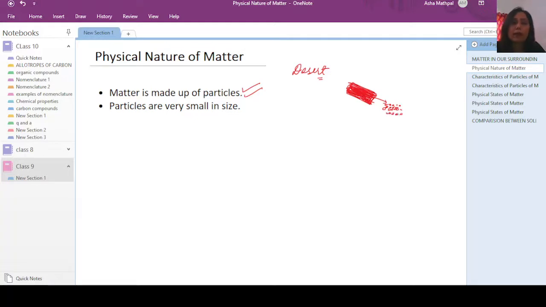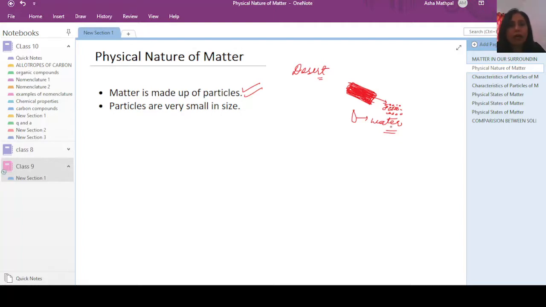So in the same manner, it is said that whatever things which we are seeing, for example, pen, chalk, eraser, pencil, book, notebook, newspaper, all these things, when they are observed under a microscope, you will be seeing that they are made up of very, very small particles. Even a small drop of water, if it is observed under the microscope, you will be seeing that it is made up of millions and millions of particles.